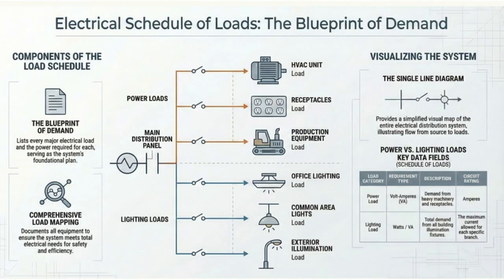So, the schedule of loads acts as the blueprint of electrical demand. It lists every major electrical load in the building and the power required for each one. By analyzing the schedule of loads, engineers and electricians can determine if the electrical system can safely carry the total load without overload.